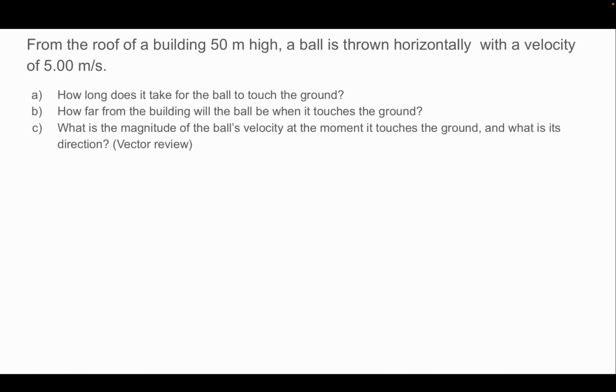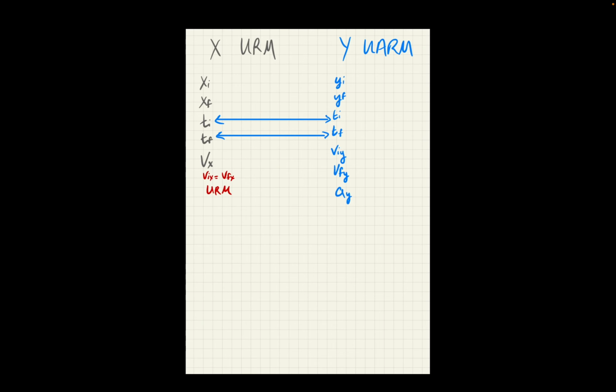Now, if we look at this, now we start to have some fun. And we start to see some of the x and y components play into one another. Okay? Case in point, if we go back to this sheet, and it had our list of variables, we see that there's one variable that it doesn't matter whether you're in the x or the y, it stays the same. That is time, because time is a scalar quantity.